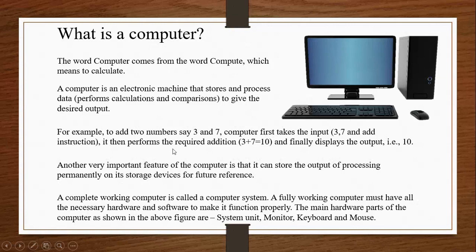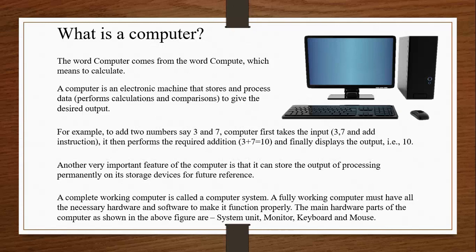It then performs the required addition: 3, then the instruction to add the numbers, that is the plus sign, then the second number 7, and then finally it displays the output, that is 10. Another very important feature of computer is that it can store the output of processing permanently on its storage devices for future reference. That is very important for you to know.